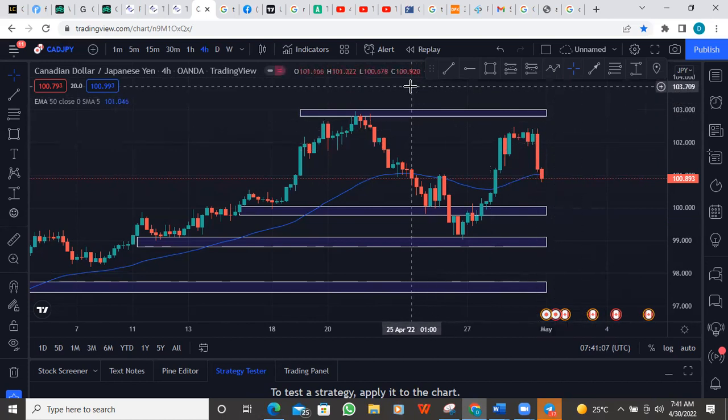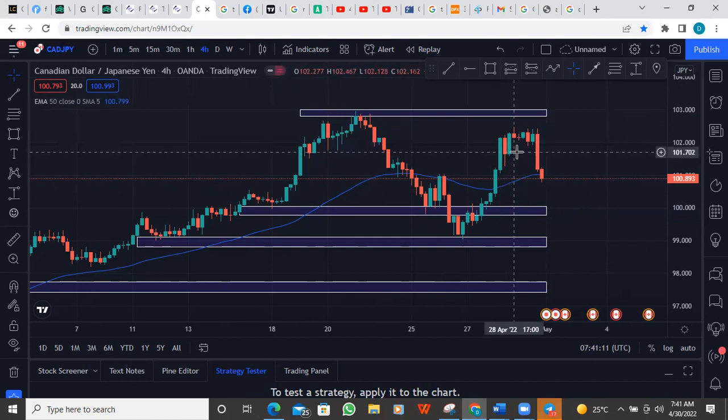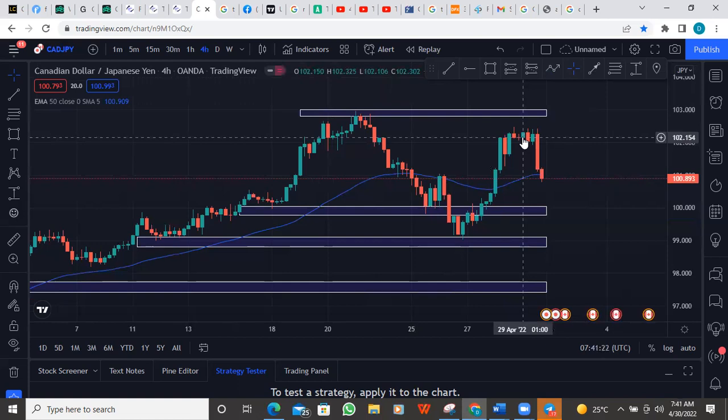All right, so if we count the candles, each of these candles opens and closes within 4 hours. So this is 4 hours, 8 hours, 12 hours, 16 hours, 20 hours, 24 hours. So 24 hours, a whole day, the market has been consolidating, failing to break this zone.